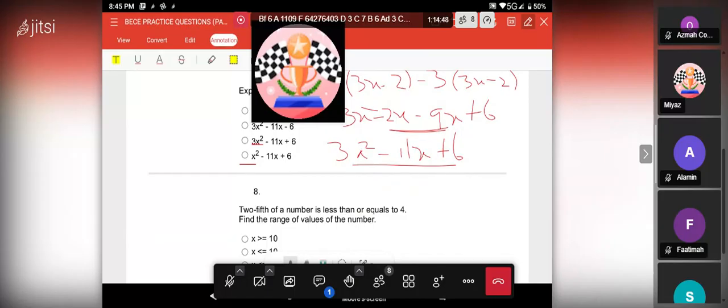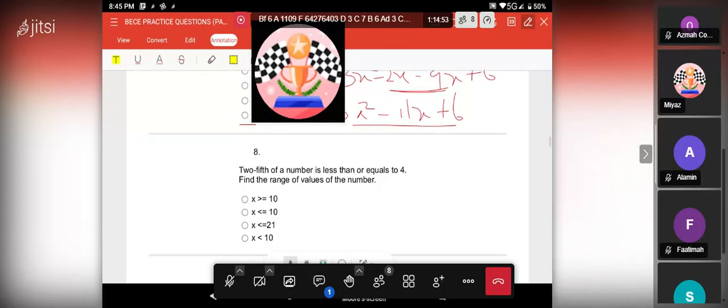2 over 5 of a number is less than or equal to 4, find the range of values.